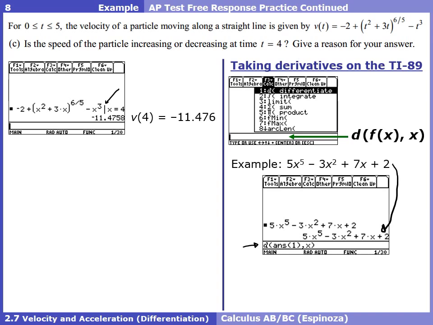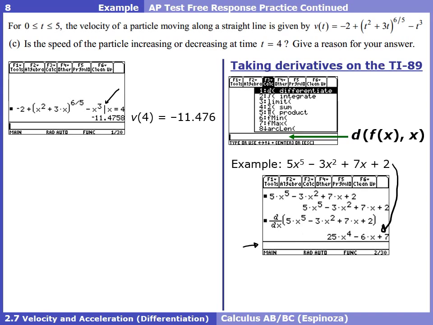And then I'm going to just take advantage of using that answer key, the second answer key. And you can see this is the d from our notation that we need to use. This is our function, which is used in place of this little answer here, and then comma x. If you press enter, it'll give you the derivative of the function that you typed in.